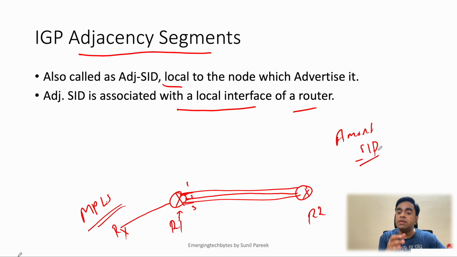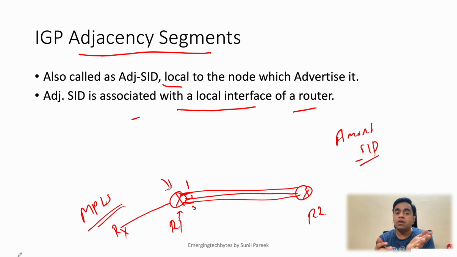But at what cost? Do we really need that global significance for an adjacency segment? Because my requirement is that when the traffic comes to R1, it should pass via link 1. So when the traffic comes from Rx to R1, if R1 understands that instruction, my purpose is achieved.